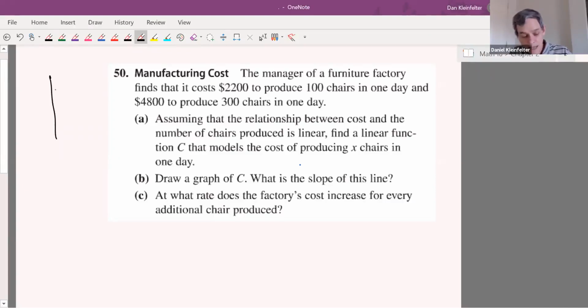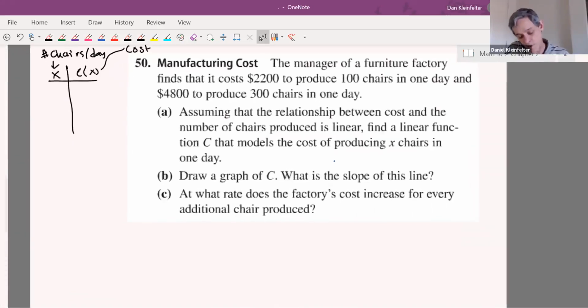So we're going to have as input a number of chairs per day, which is itself a rate. That's kind of interesting. And the output is going to be a cost. So there's this relationship between the money and the chairs per day. The input will be the number of chairs per day. The output will be the cost per day.